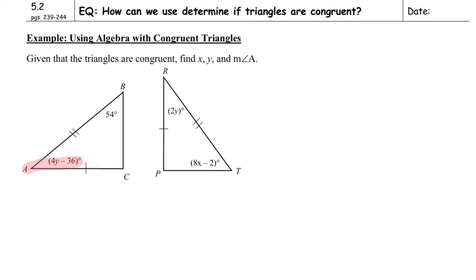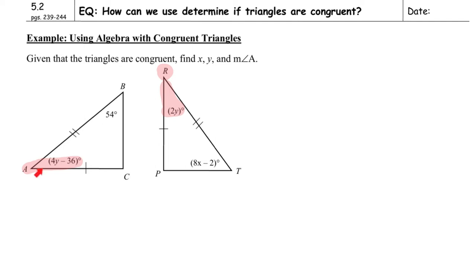So angle A will correspond to what angle on the other triangle? It will correspond to angle R, because if you look, angle R is also in between the side that has 1 mark and 2 marks. So now I can write an equation to figure out what y is by setting them equal to each other.